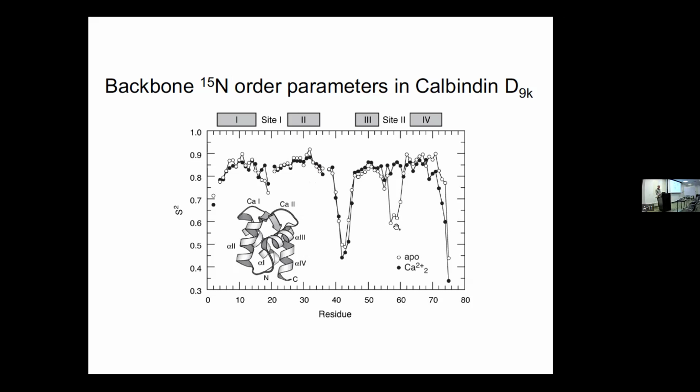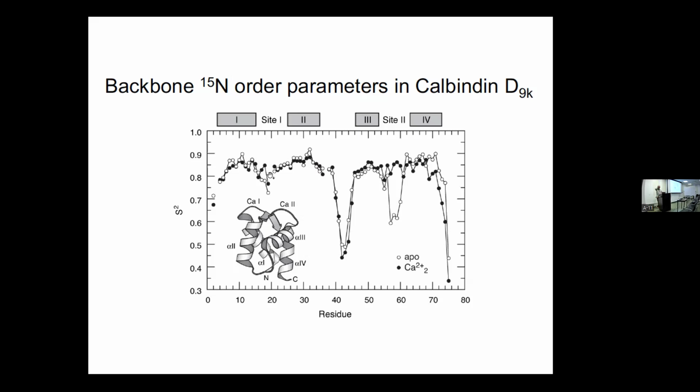At the time, we thought that this site was relatively rigid because most of the ligands to the calcium were backbone carbonyls, whereas here most of the ligands were side chains. So it seemed like this had to be a more preformed site.